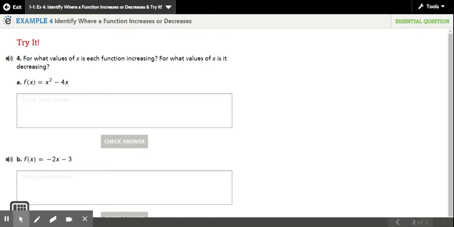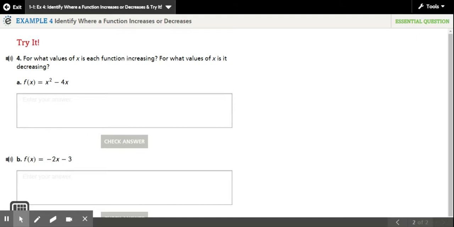So for what values of x is the function increasing? Well, it's increasing from wherever the vertex is. So that's the inflection point. It's going down until you get to here, and then it's going back up. I'm just going to assume it's at an x value of 2. I don't care how far it went down. I care at what x value did it start increasing. So I'm going to say it's at 2.